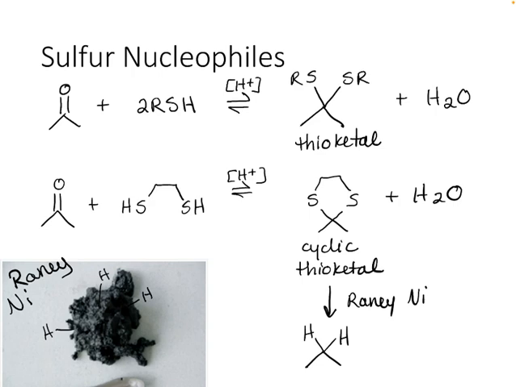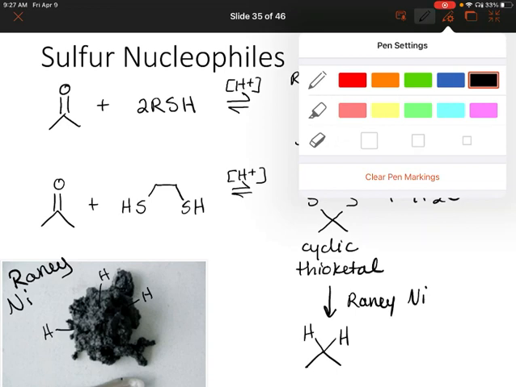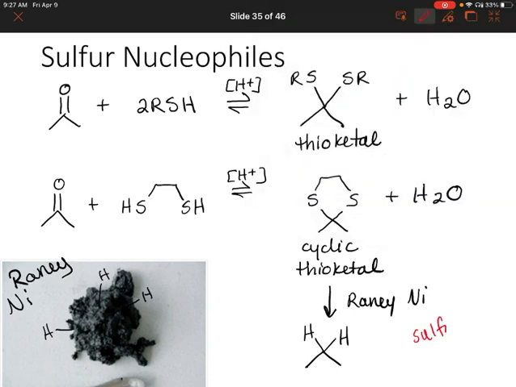Now, one problem with this method is that sulfur smells really bad. So if you're trying to reduce your ketone into just an alkyl group, you might want to use ethylene glycol instead. You might not want to use a sulfur-based molecule. We'll just write here, sulfur smells. So we might not want to use this method in particular, but you can if that's all that's available.